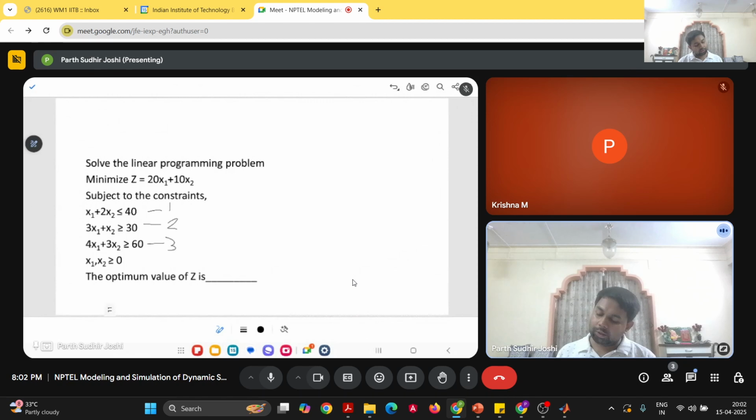If we multiply equation 1 by 3, it will become 3x1 plus 6x2, less than or equal to, or let us leave the inequality sign for now. Just for the line, we will assume the equation becomes 40 into 3, so 120.